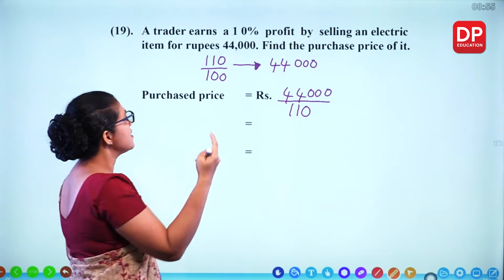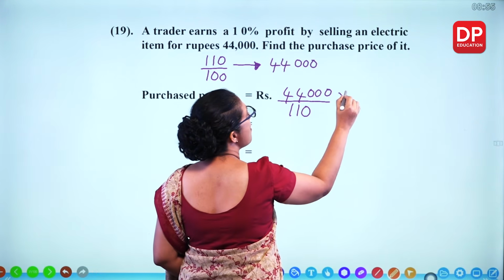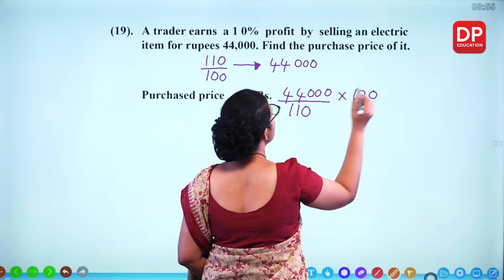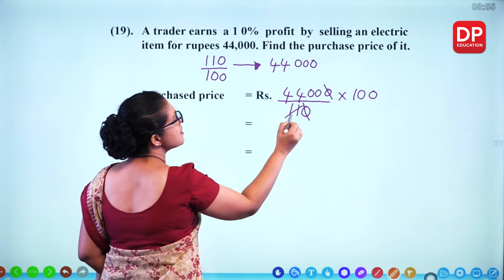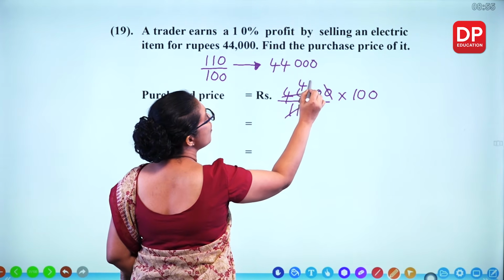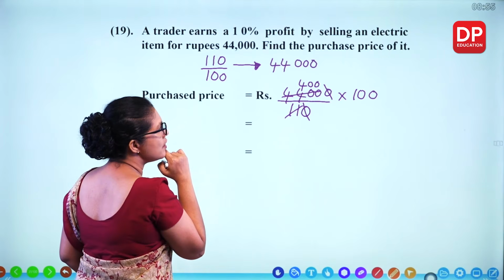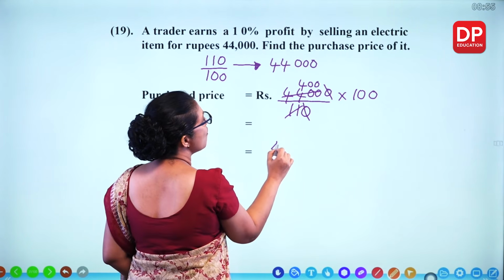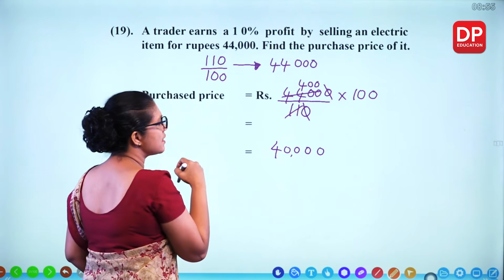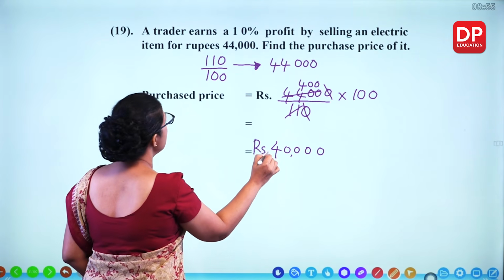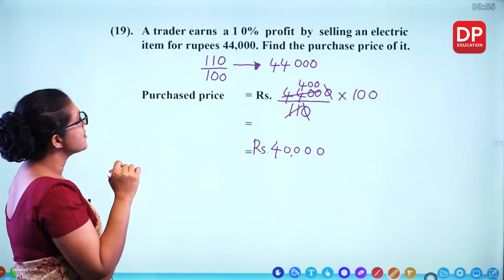So you get 11 times 4. So 400 here, 400 into 100. That means 40,000 rupees is the purchase price.